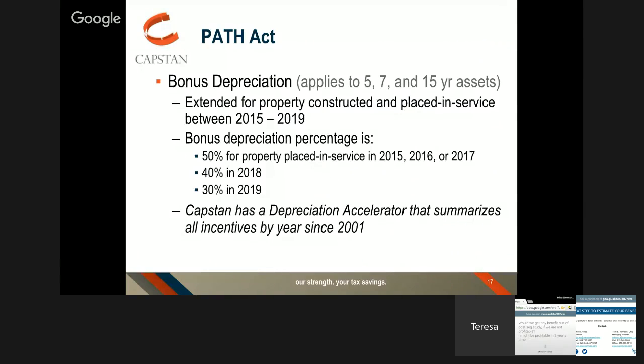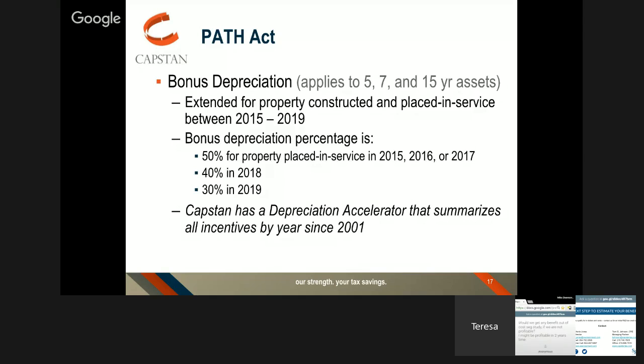And so we really take a look at that. Just to let you know, if you went back in time and built a building in 2012, and we were able to move 30% of that asset on a look back to shorter lives, you'd also be able to take bonus depreciation. In the current year, it's 50%.